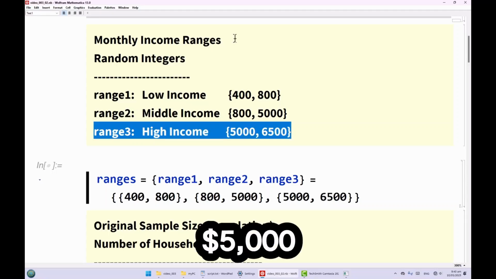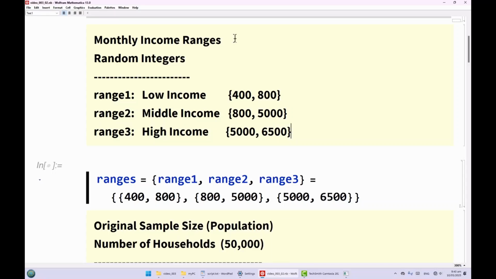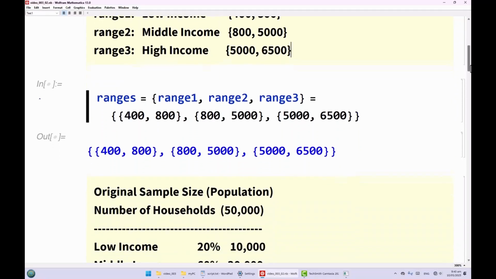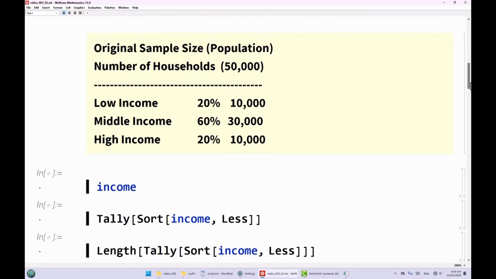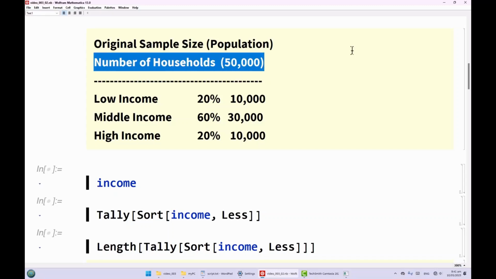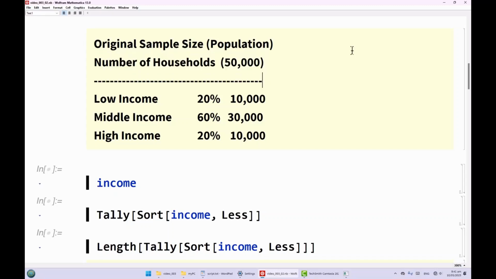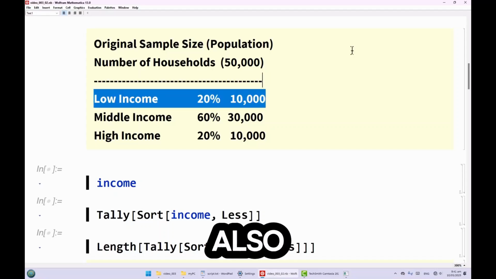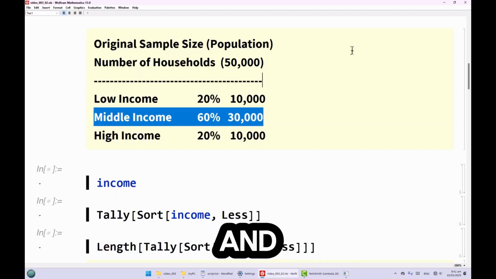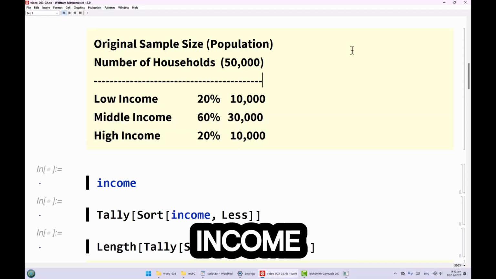And high income, $5,000 to $6,500. Also, out of 50,000 households, 30,000 are in middle income group and 10,000 each in low and high income groups.